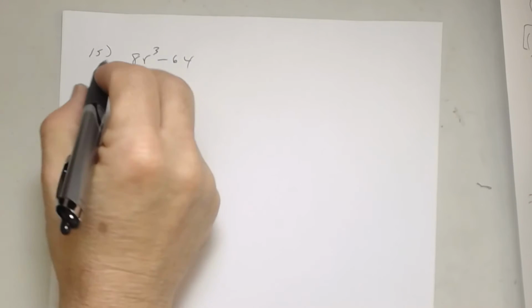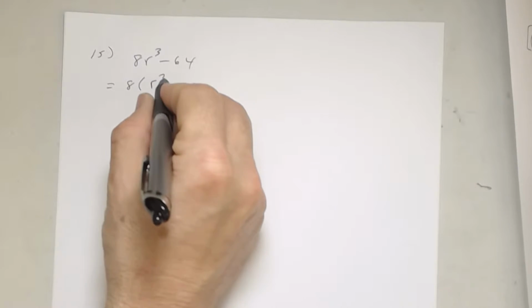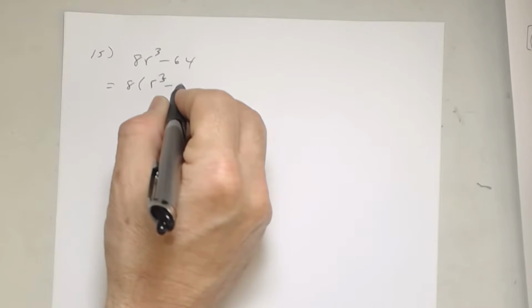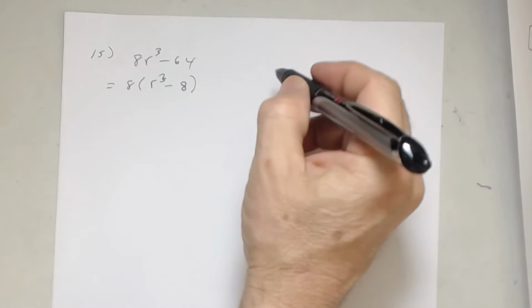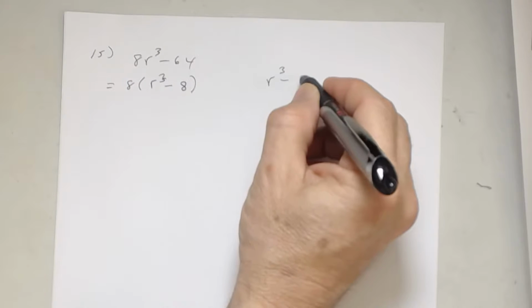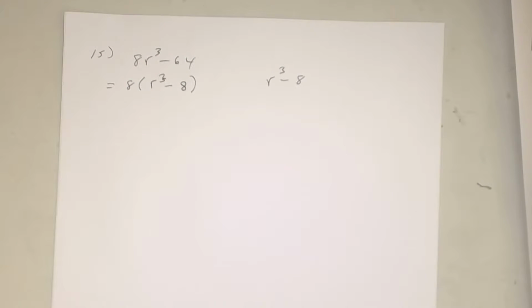Okay. So you can factor out an 8. So you get 8 times what? R cubed minus 8, right? So let's go off to the side and figure out if I can do anything to R cubed minus 8. What is that?